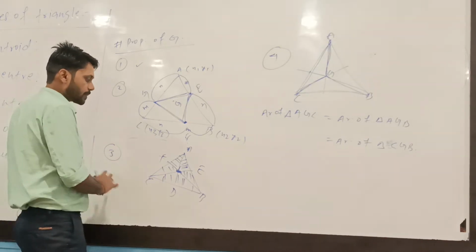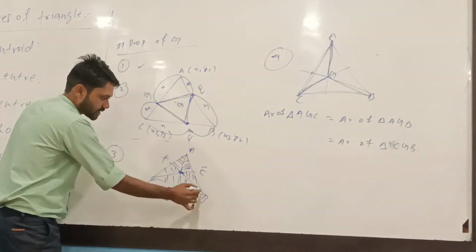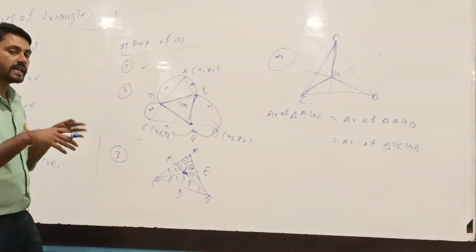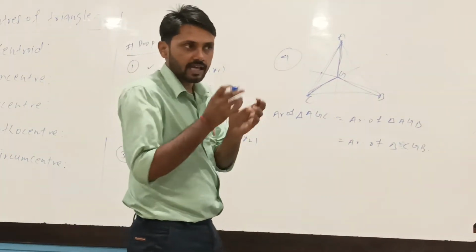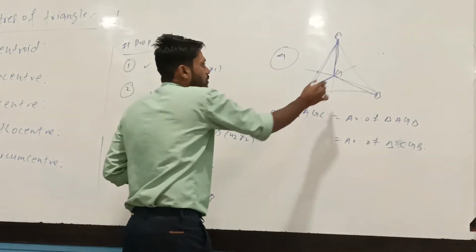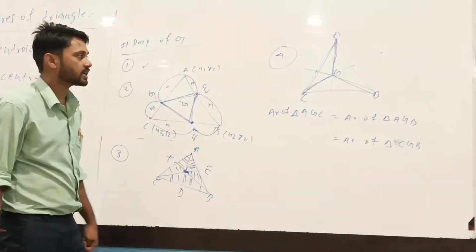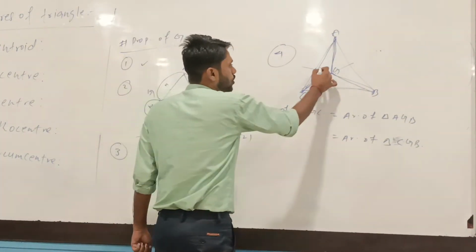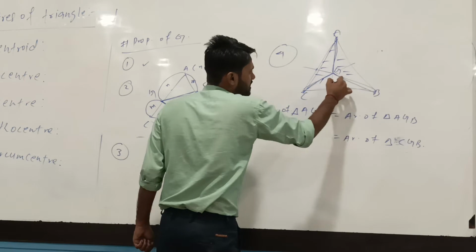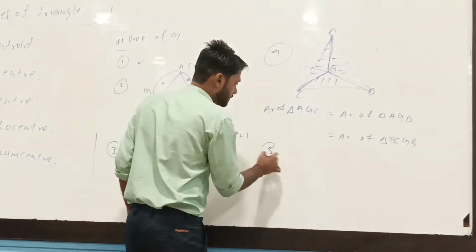The third property says this centroid cuts the triangle into 6 equal triangles, and the area of all the 6 triangles will be the same. The fourth one, the centroid also divides the original triangle into 3 equal triangles, meaning the area of all 3 triangles will be equal. There is one more property, the fifth one.